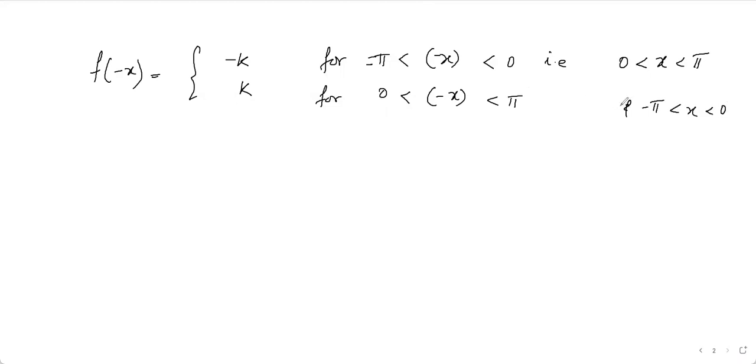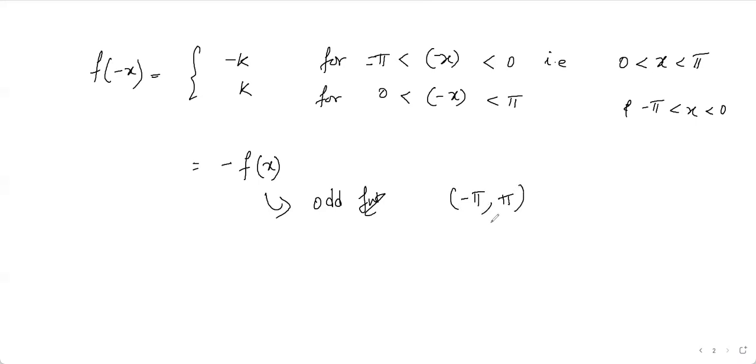Now if you look at this, this is the negative of f of x. Therefore the given function is an odd function over the interval minus pi to pi.